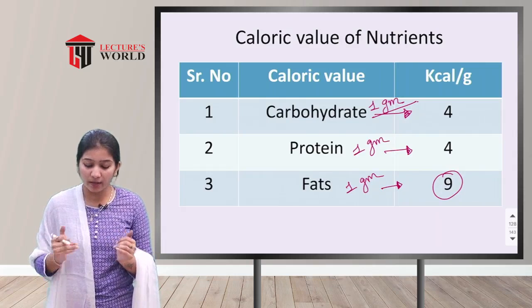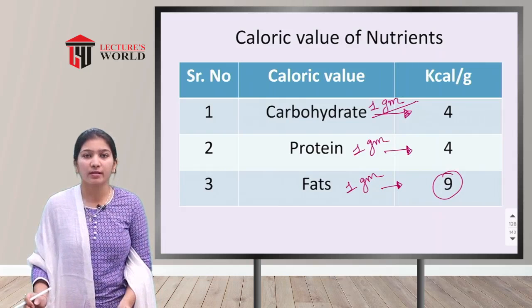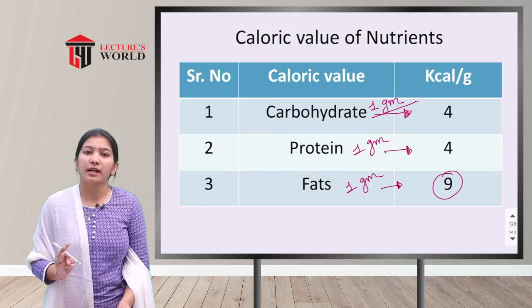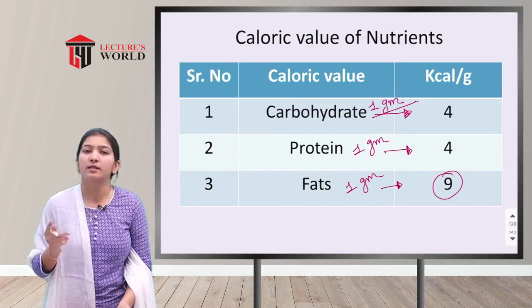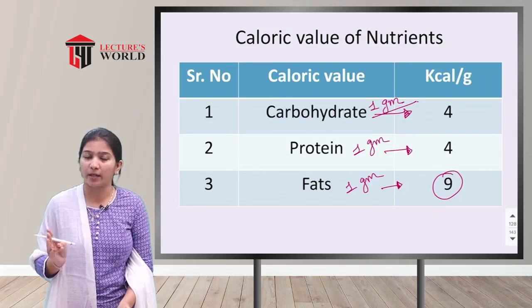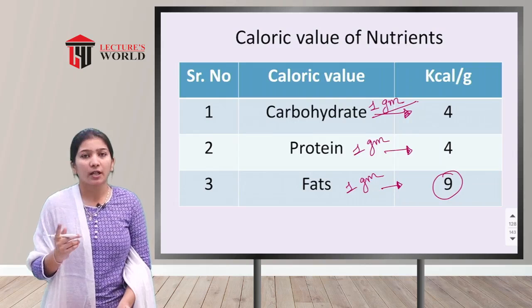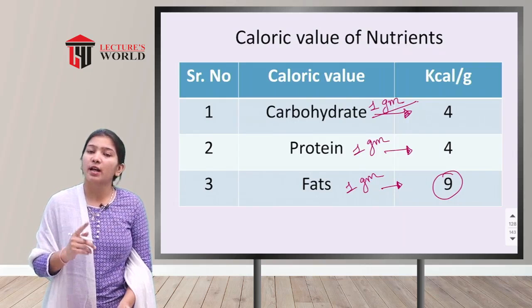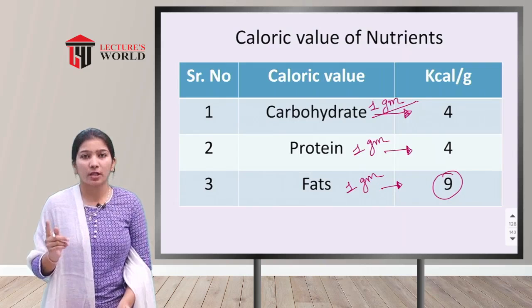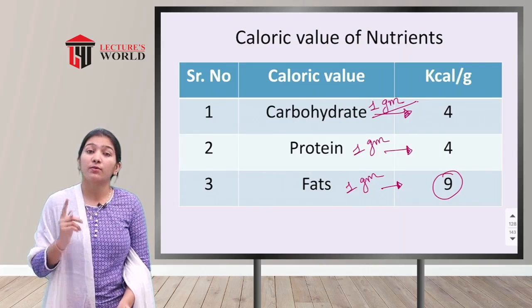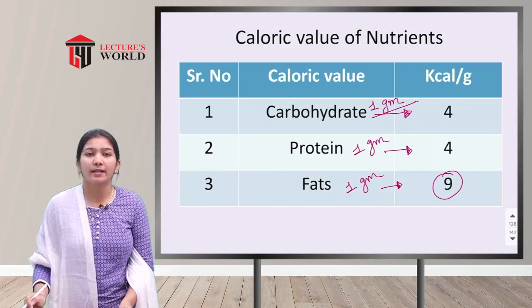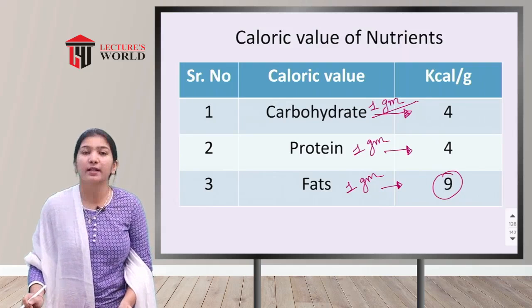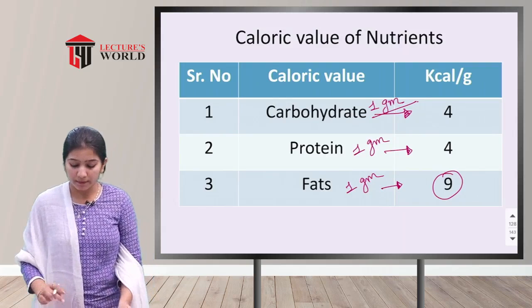So, clear everyone, the calorie value of nutrients. The main 3 nutrients giving energy to our body are carbohydrate, fats and protein. 1 gram of carbohydrate gives 4 kilocalories, 1 gram of protein gives 4 kilocalories, but 1 gram of fat or lipid gives 9 kilocalories. So this is about the caloric value of nutrients.